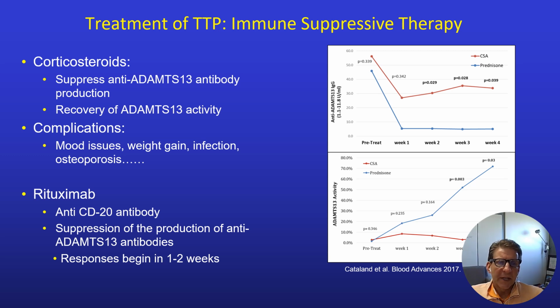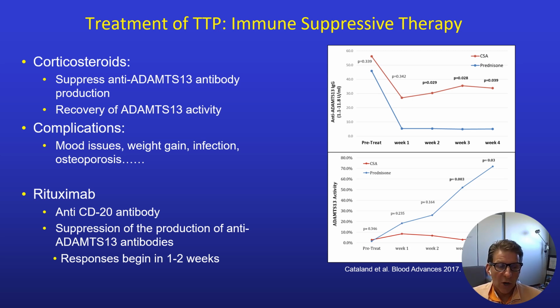So let's go into some more detail about the immune suppressive therapy that we use as well as the caplacizumab. We've talked about steroids being given with rituximab as adjuncts to plasma exchange therapy. The steroids, like the rituximab, have a slightly different mechanism of action, but they have the same goal: to decrease the production of these anti-ADAMTS13 antibodies and allow for the recovery of native protease function.